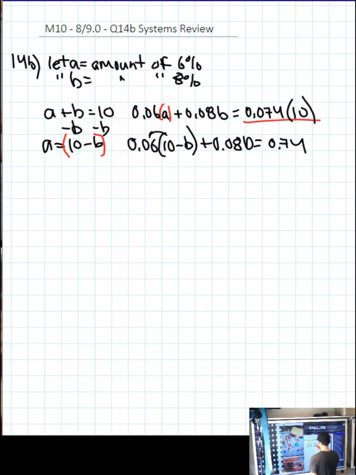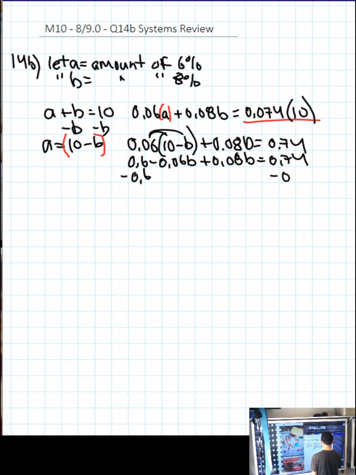Okay, so we can distribute. So 0.06 times 10 will be 0.6 minus 0.06B distributing plus 0.08B equals 0.74.